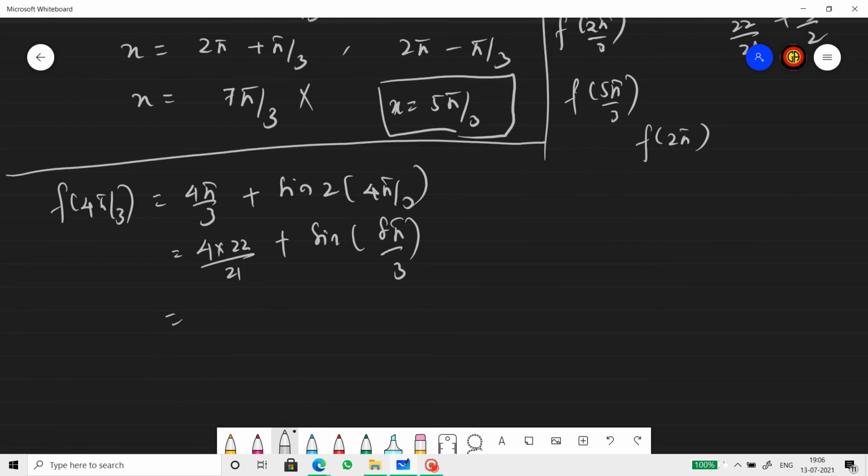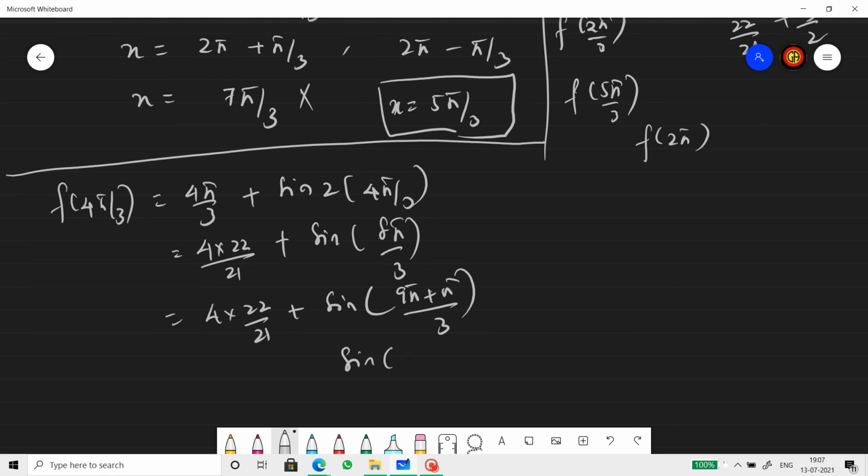Keep doing this. Whenever you get an angle, you substitute and you break it. So if it's 8 pi by 3, I can write this as 9 pi minus pi by 3, that is 9 pi minus pi whole divided by 3, and then you can get an answer for this. So 4 into 22 by 21 plus sine of 9 pi plus pi whole divided by 3.